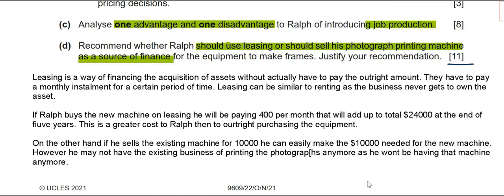Now we can simply evaluate this by saying that Ralph should choose to sell his printing machine, because obviously that will cost him less as compared to the leasing option.